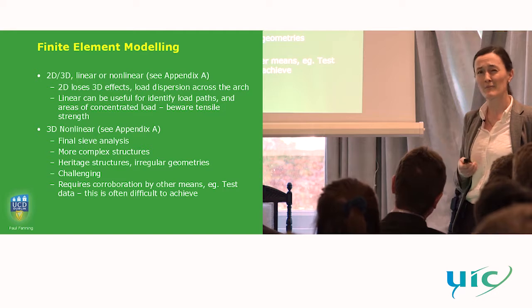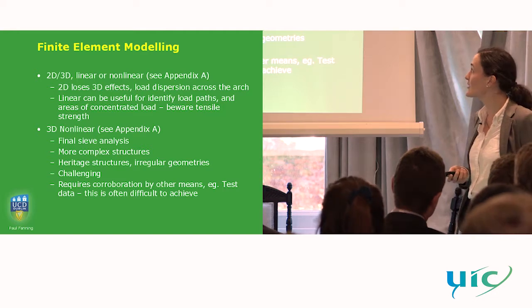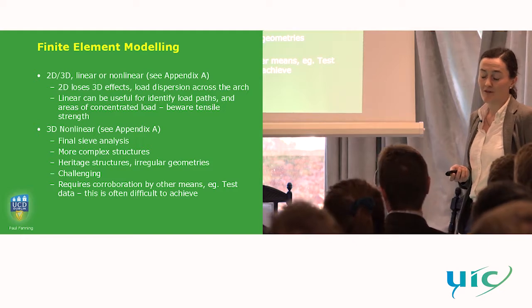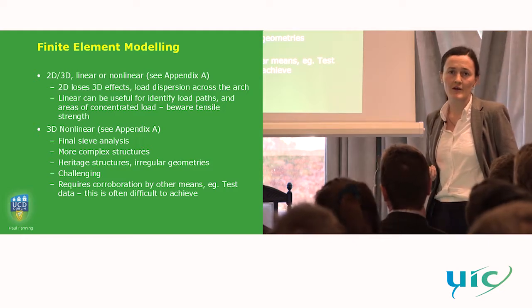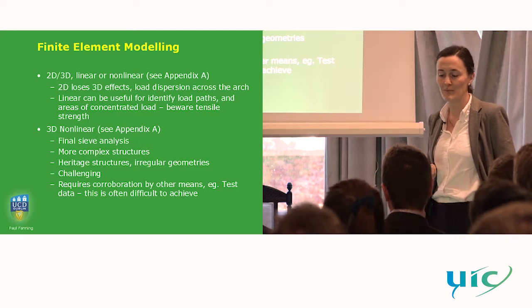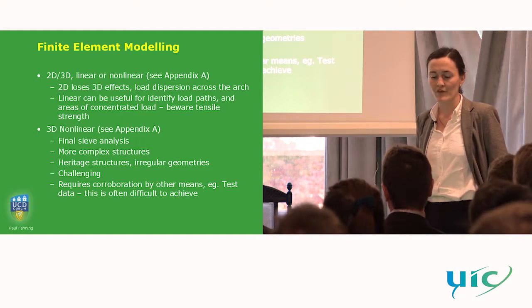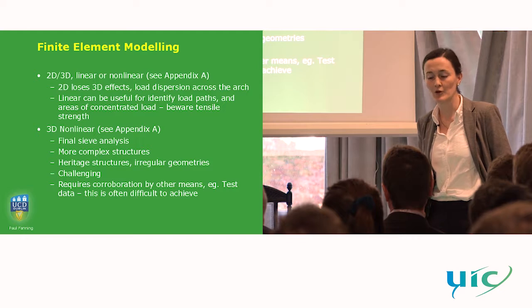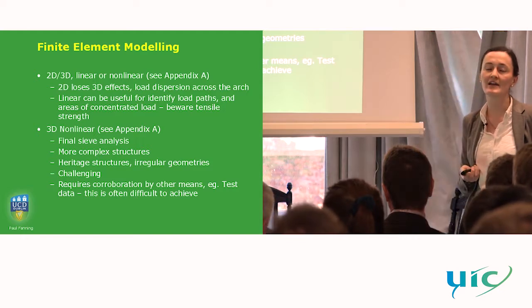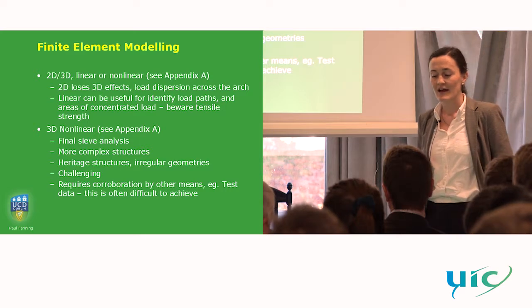Those are the main shortcomings of taking a two-dimensional approach. You can then opt for either a linear or a nonlinear approach, speaking very broadly. The three-dimensional nonlinear approach is what I'm going to focus on in this presentation.